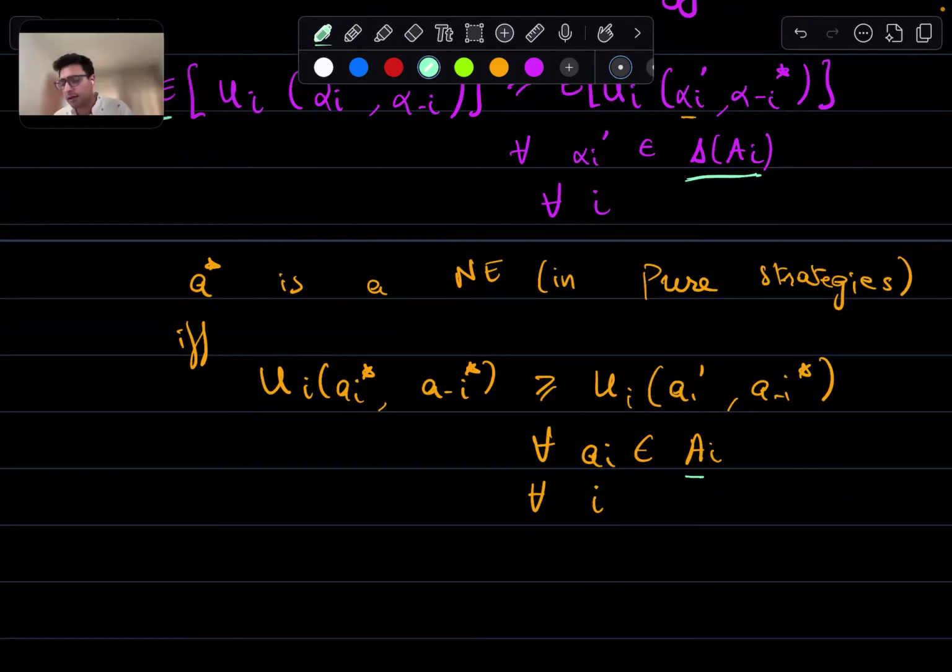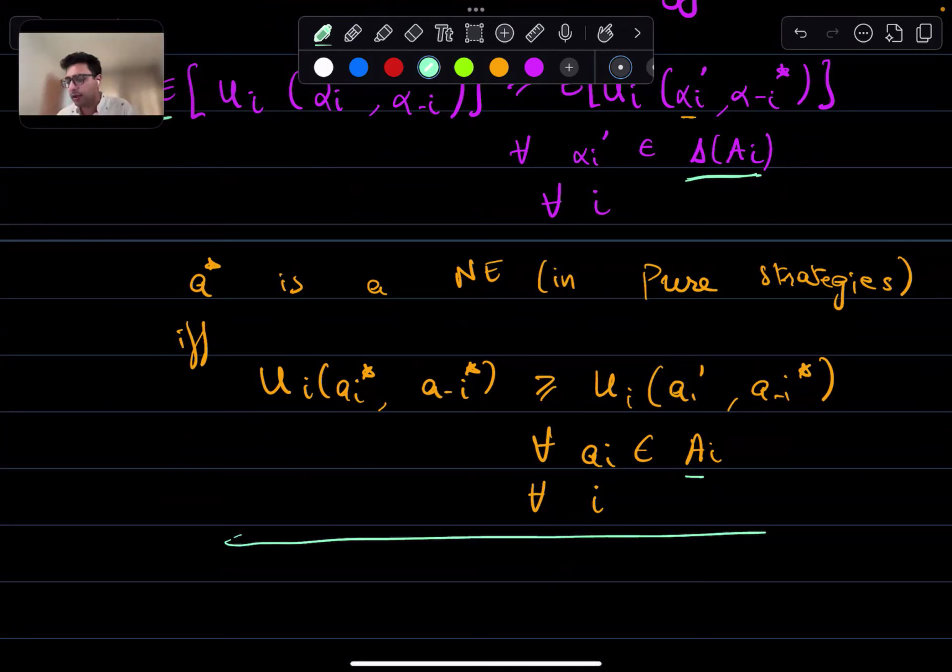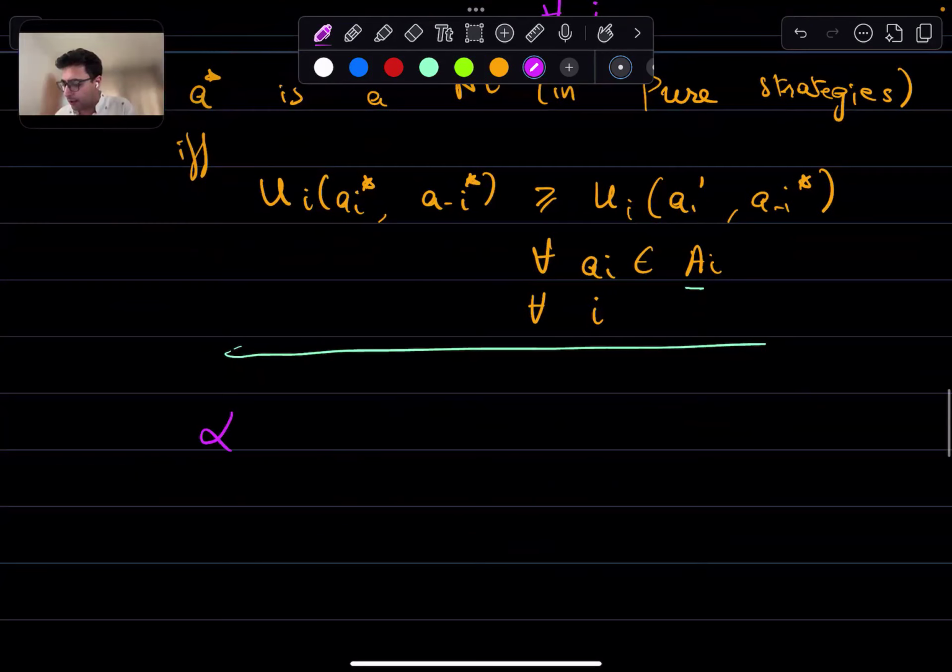Okay. Another way of writing the same thing is just like we had earlier, alpha I star should belong to B, the best response of I, to alpha minus I star, for all I. Okay. In order for alpha star to be a mixed strategy Nash equilibrium.